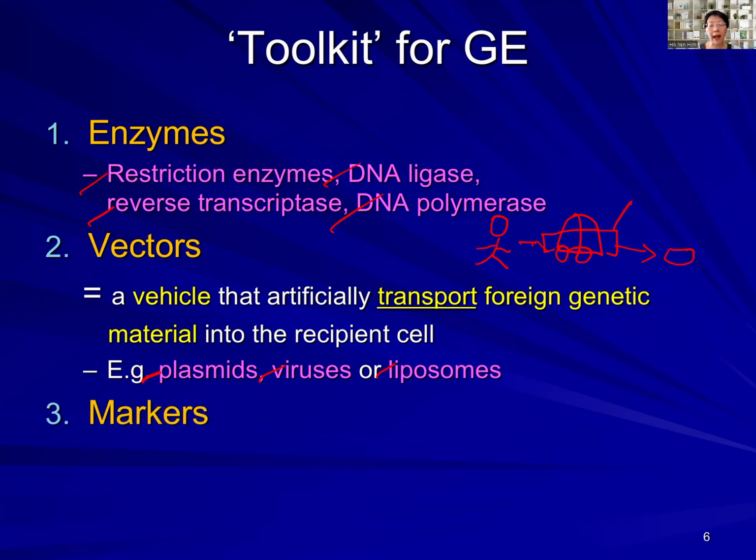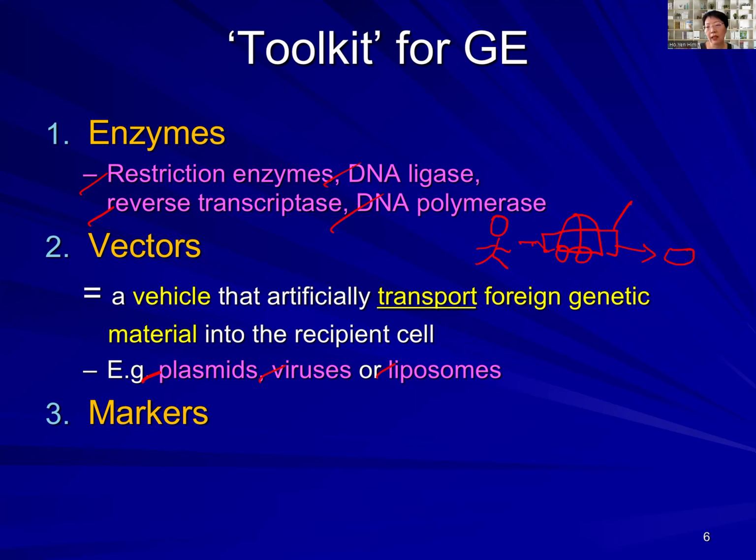And number three is the marker. A marker is a gene that we need in order to find out which cells have been transformed, or which cell in the organism has received the foreign gene.